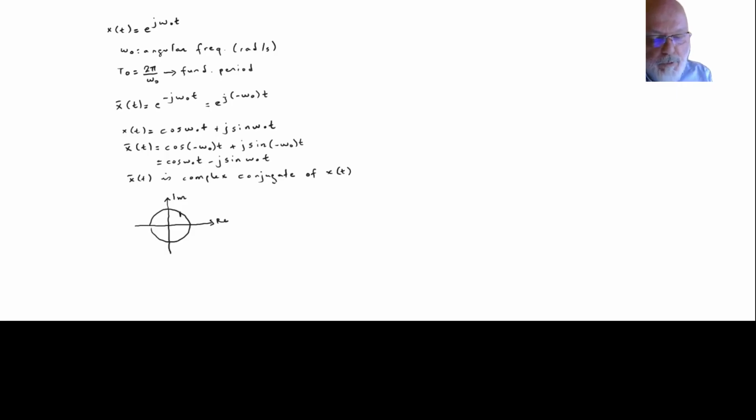So it traverses the unit circle, the circle with radius 1, with center at the origin. The values of x of t will be those points on this circle traversed in the counterclockwise direction.